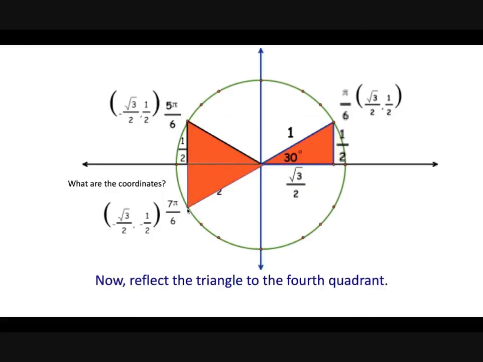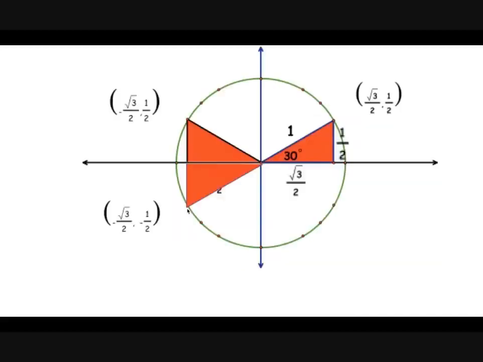And now let's reflect this last one over the y-axis. We get the following. Notice in the fourth quadrant, your x values now become positive, while your y values stay negative. Of note, all of the coordinates have the same numerical values.